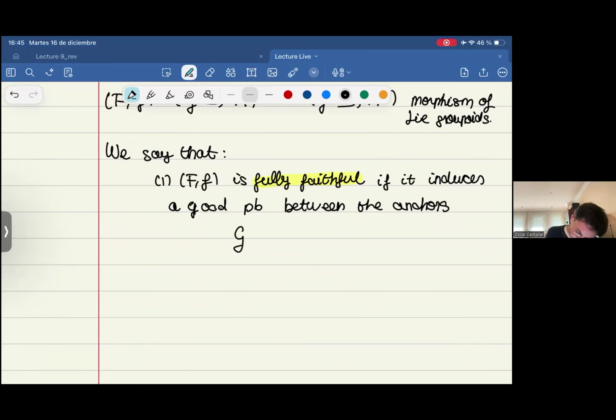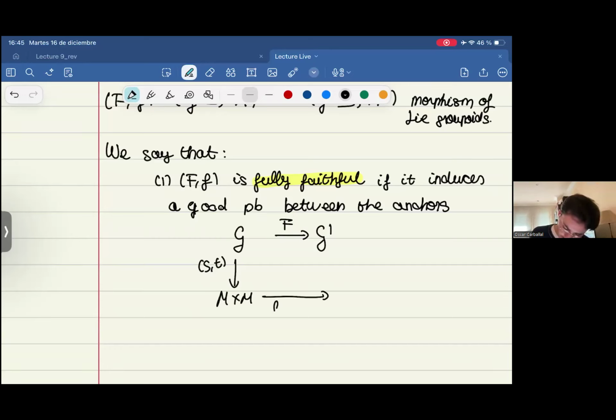So, meaning that it induces a pullback between the anchors. Here we have the anchor of G, which is (s, t) from G to M times M. Here, of course, the natural arrow is the product of the maps between objects. And what we have here is the anchor of the other groupoid. And what I'm saying is that this is a good pullback, right?